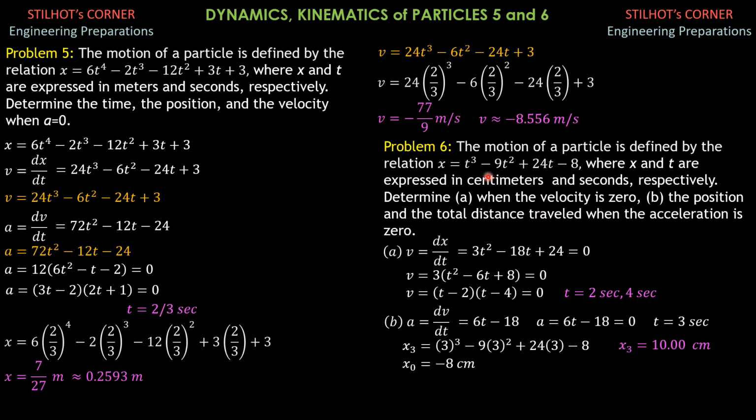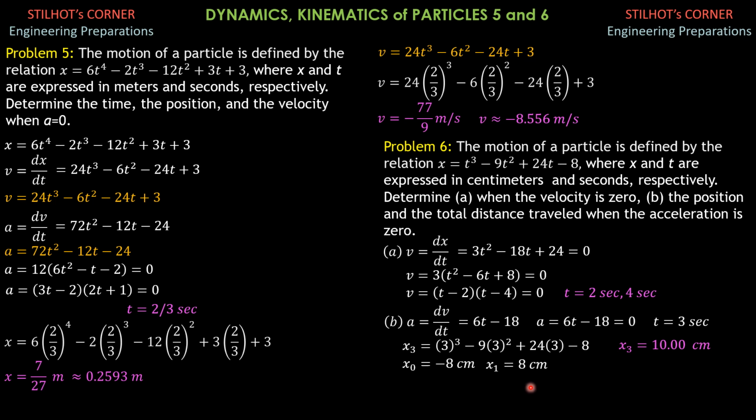Negative 8 cm, we just substitute in this position vector x is 0. The next position, rather, t is 1, so 1 cubed is 1, minus 9 times 1 squared, so 1 minus 9 is negative 8. Then minus 8 plus 24 times 1, so it is 8 centimeters when time is 1 second.